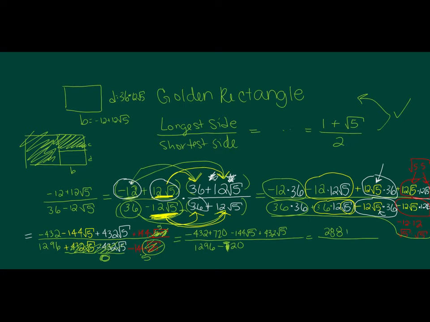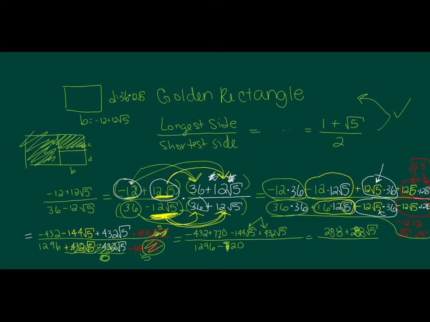Again, that's positive 288. And what I'm doing is I'm counting up the number of square root of 5 that I have. So I have 432 square roots of 5, and I give away 144 square roots of 5, that leaves me with 288 square roots of 5. Okay, that's how I like to think about it.